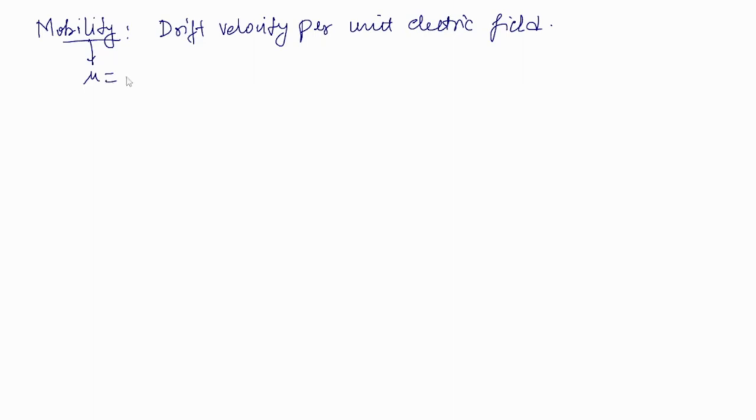So mu will be drift velocity Vd per unit electric field, meaning Vd upon E. Mu is equal to Vd upon E.